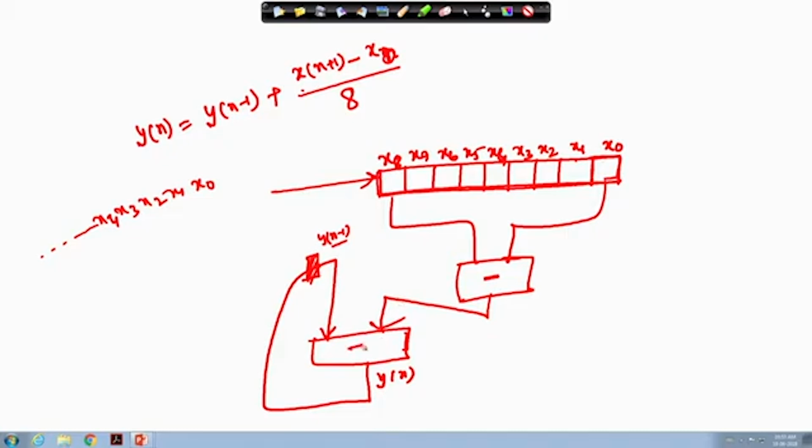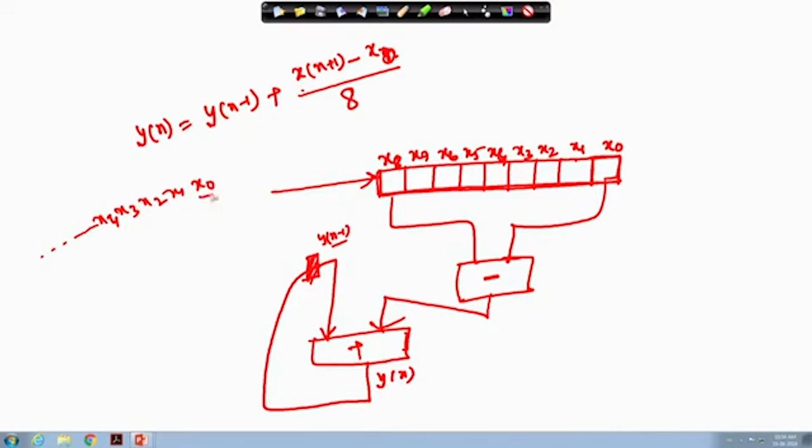Then I am putting them to an adder circuit where the output is fed back, connected with one register, and the subtractor's output is connected to the other input of this adder. Now, how is this basically operating for computation of the running average circuit? Let us see that.